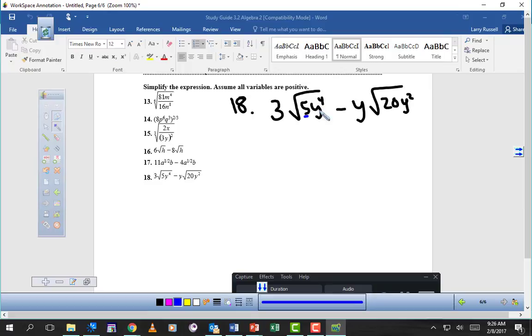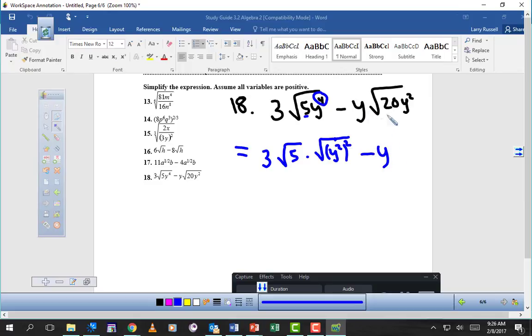Oh, but y to the fourth power is a perfect square. I could rewrite this as 3 times the square root of 5 times the square root of y squared, that quantity squared. See that there? It's to the fourth power here. So it's a perfect square. It's y squared squared. And then I could say minus y.